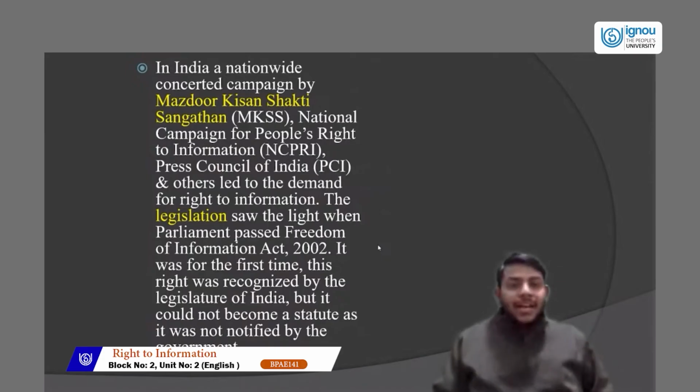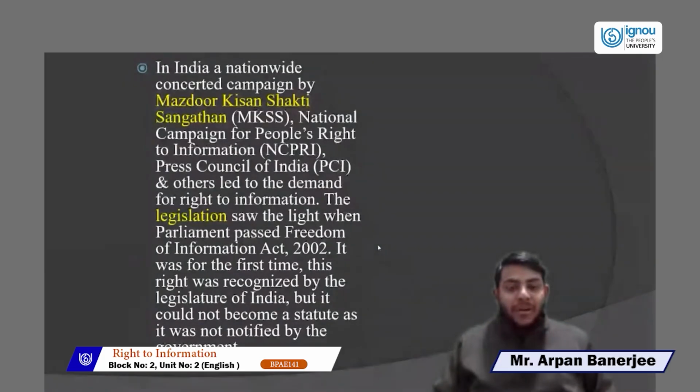So in India, a nationwide concerted campaign by the Mazdoor Kisan Shakti Sangathan, or the MKSS, and the National Campaign for People's Rights to Information, NCPRI, and the Press Council of India, as well as others, led to the demand for right to information.